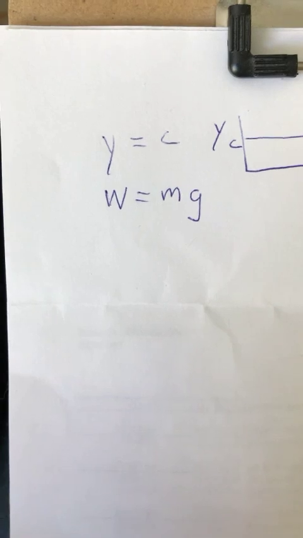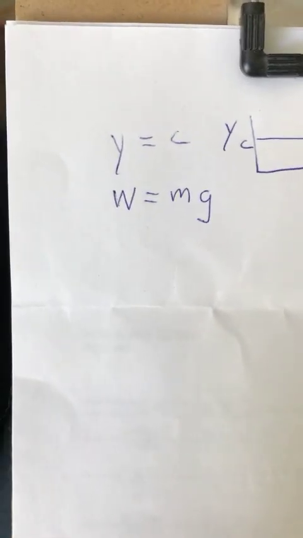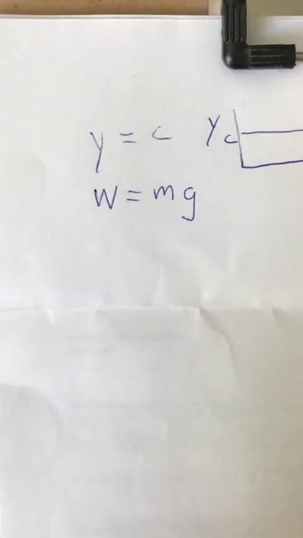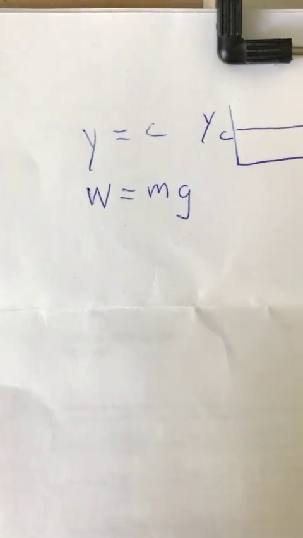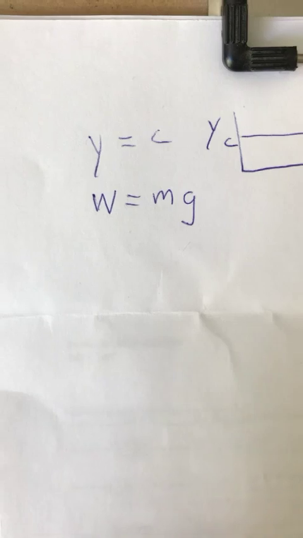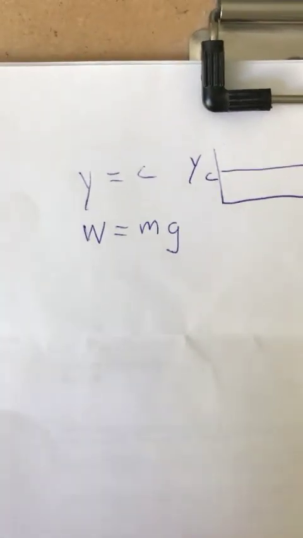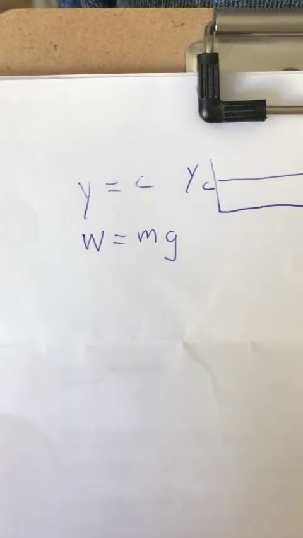We'll measure the same on a hill as we do at sea level. But if we go into space, our weight will be 0. So it's not totally constant, but under certain circumstances, it can be considered constant. So we have to stipulate that.